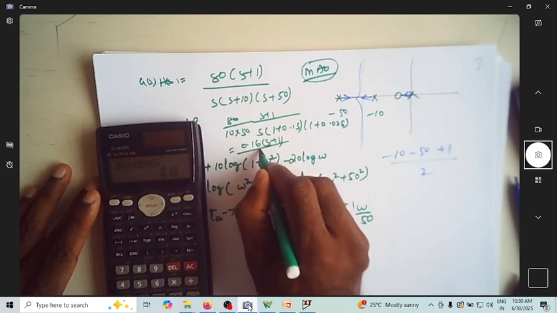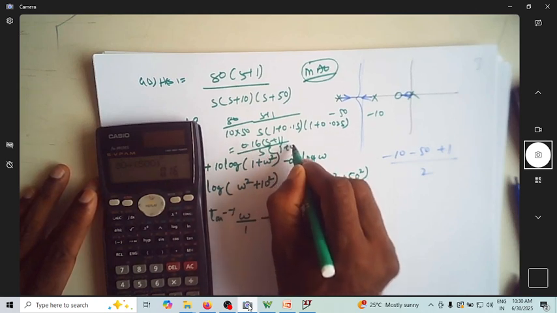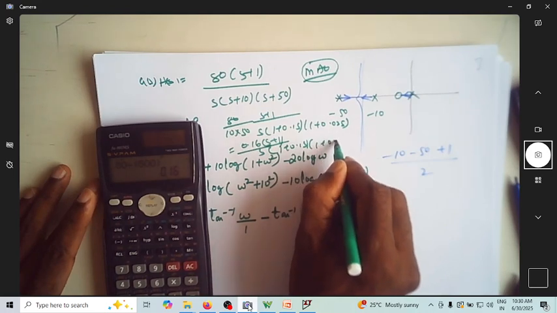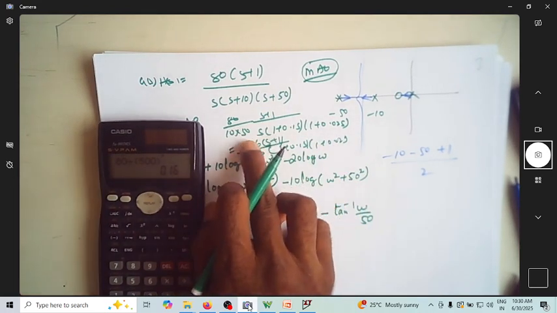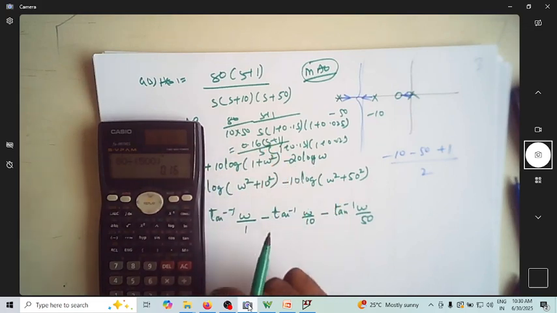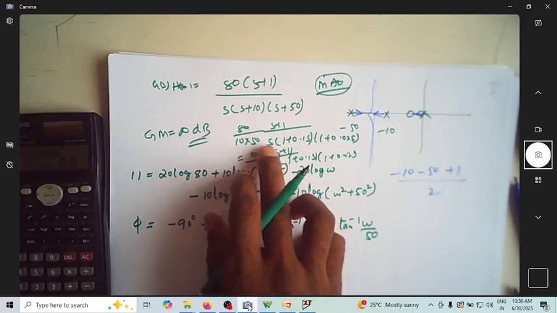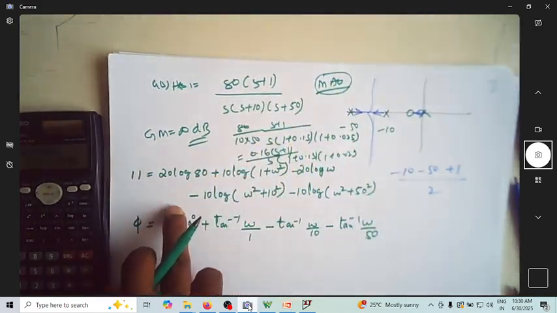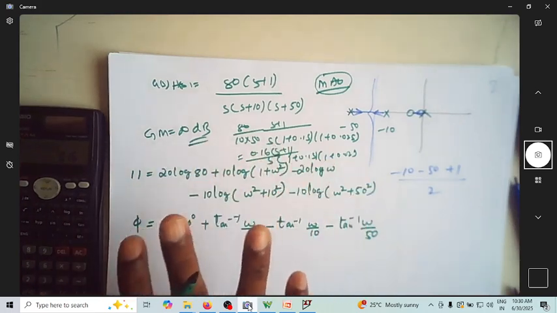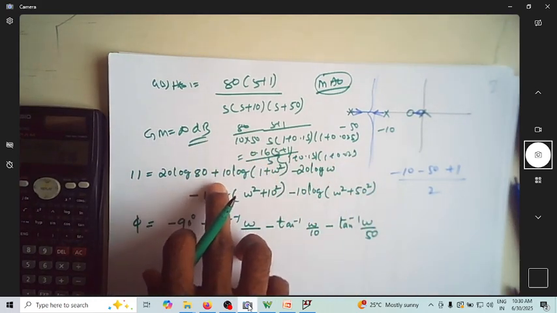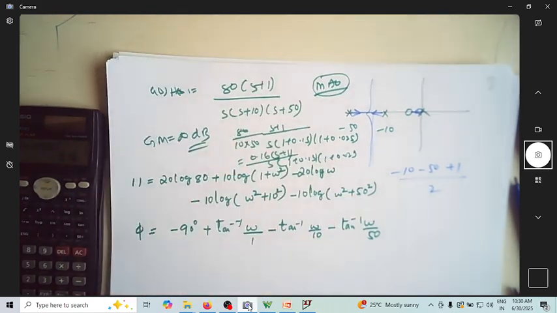So it will take K as 0.16 to start. That's it. So only MAO will change. The phase equation, omega GC, omega PC will never change, whether you take this or that equation. That will not change.